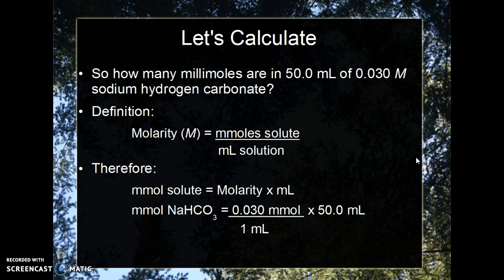And when you do that calculation, you see that there's 1.5 millimoles of sodium hydrogen carbonate in the 50 milliliters of 0.030 molar solution.